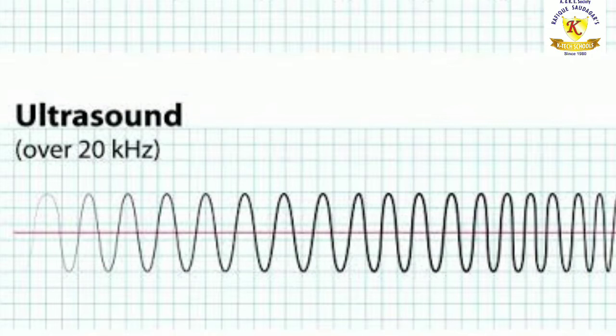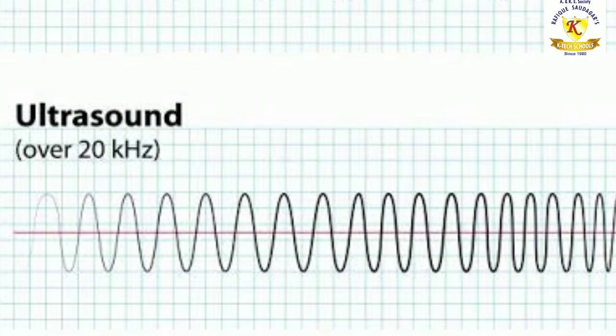Now the frequency of the sound which is greater than 20 kHz is called ultrasound. Now the dog, mouse, bat, dolphin, etc. have a special ability to hear ultrasonic sound. Thus, they can sense some noises which are inaudible to us.